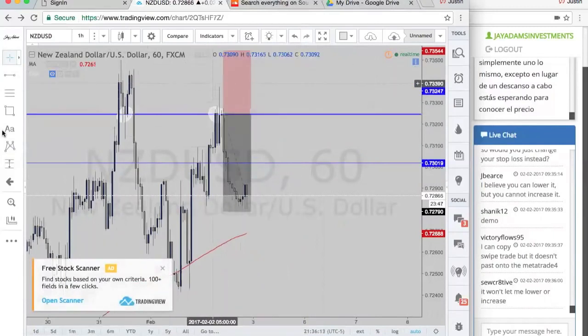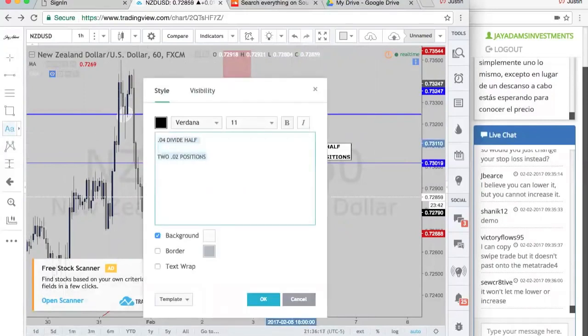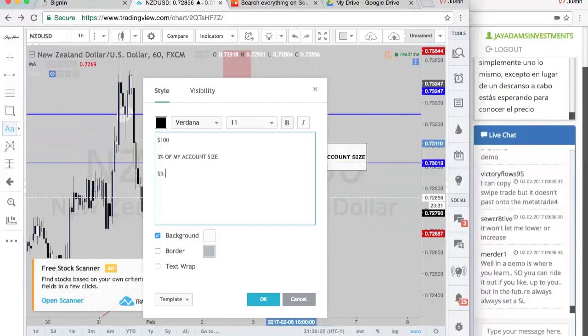But here, if it was 30 pips and my account size is $100, so I'm willing to risk 3% of my account size, right? So 3% of 100 is what? $3, right?